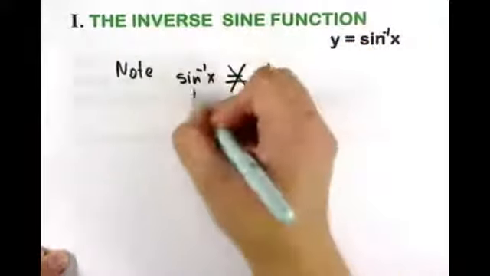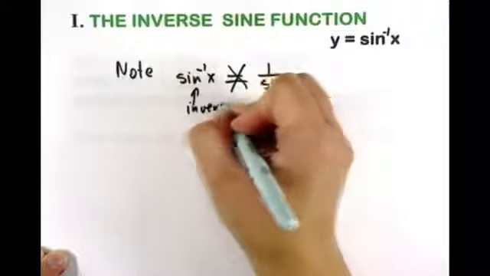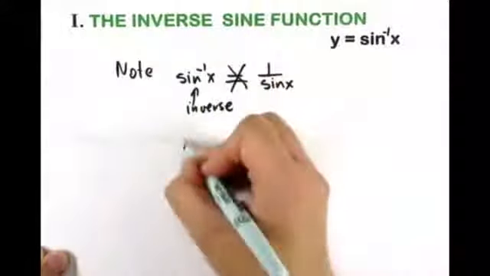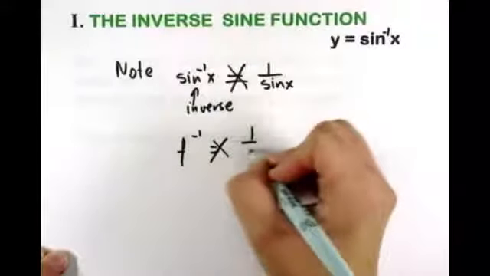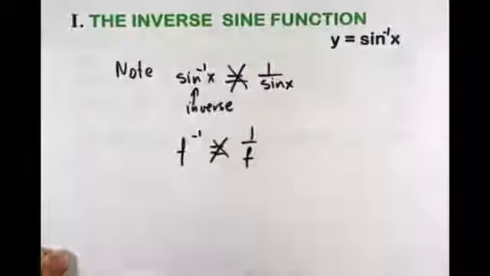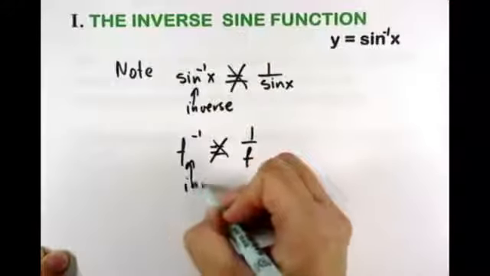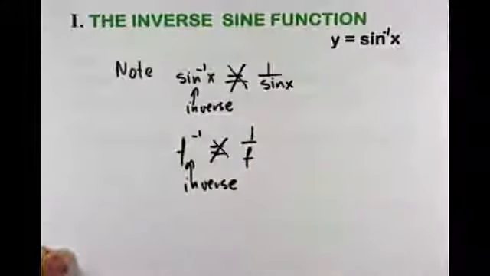This one is the inverse. The same way, f to the minus 1 is an inverse. We don't say that this is 1 over f. No, this is just the inverse. Okay, so that's the notation.